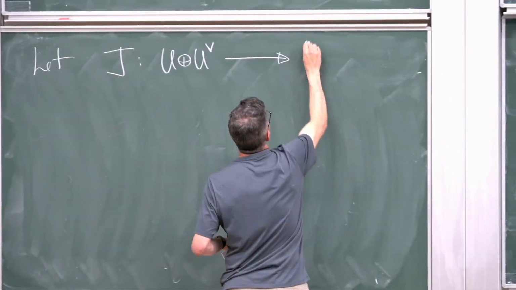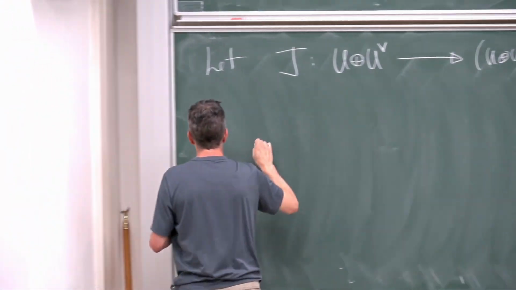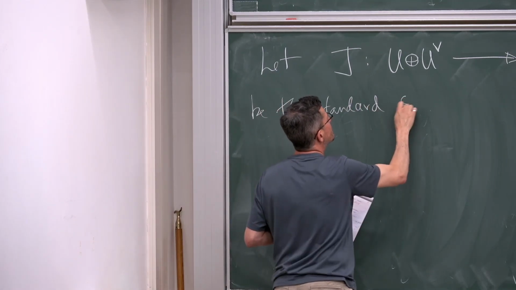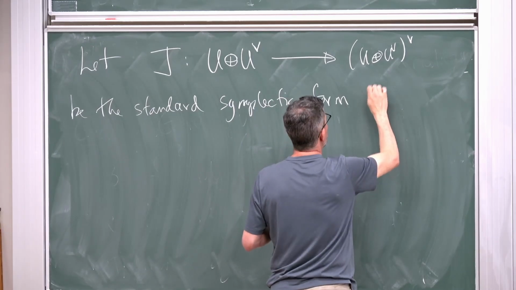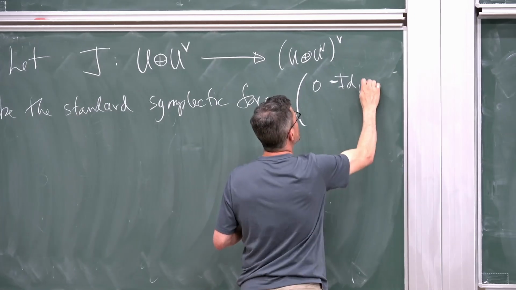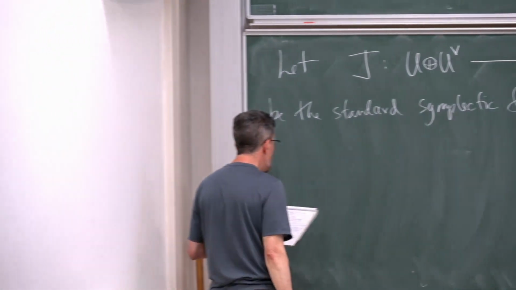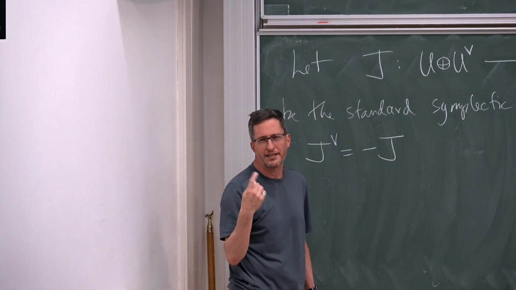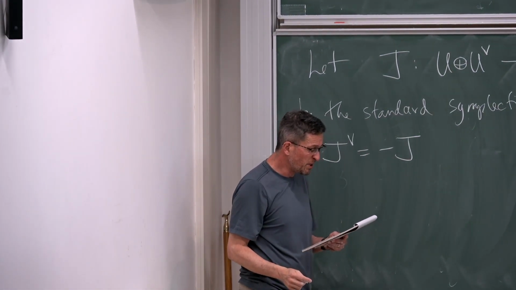So this goes from U plus U dual to its dual, given by that guy, so that J dual equals minus J, and we should simultaneously keep in mind the case where this is a plus, so this is an orthogonal form.